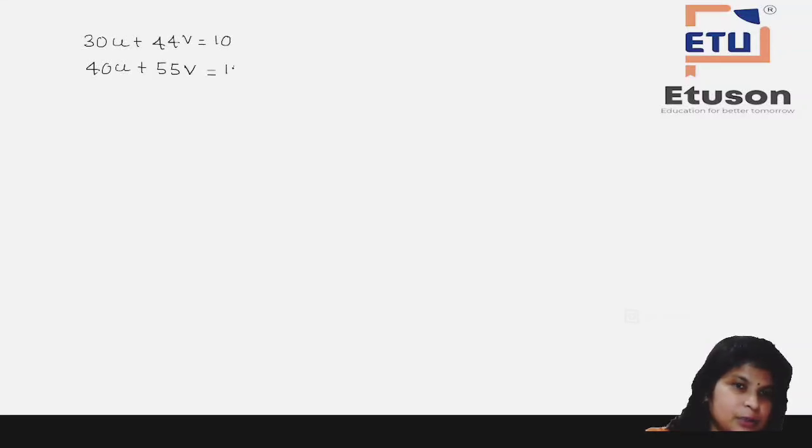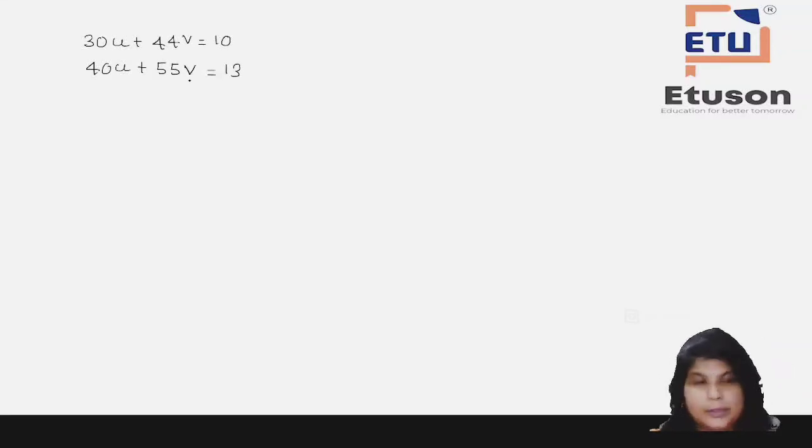So I need one more page. So let us go to the next page. Let me write down the equations first. That is 30u plus 44v is equal to 10, and 40u plus 55v is equal to 13. Hope I have written correctly. Let us check. Yes, it is correct.